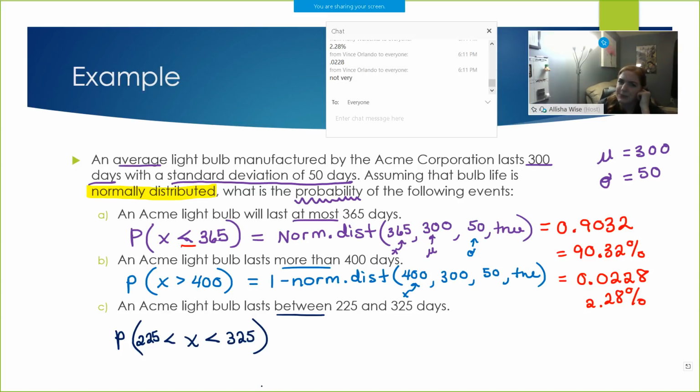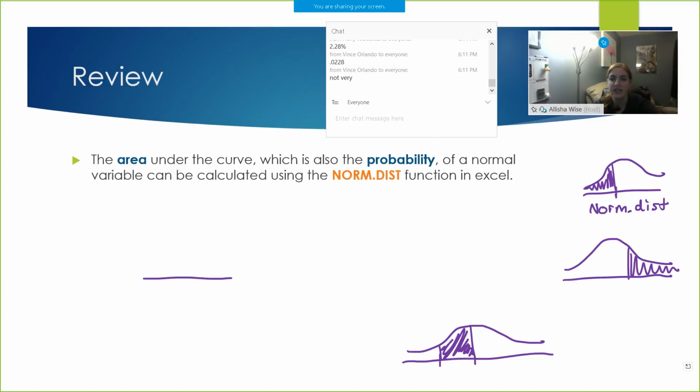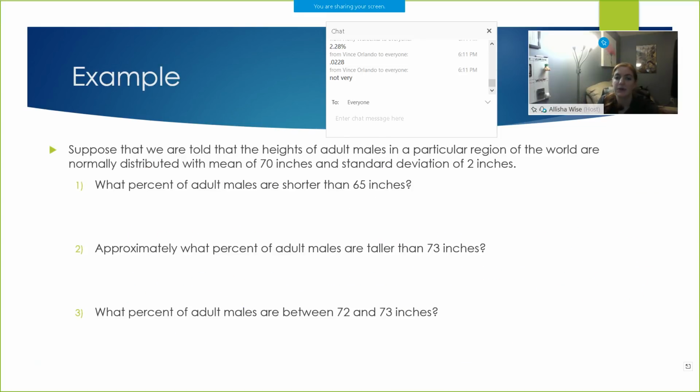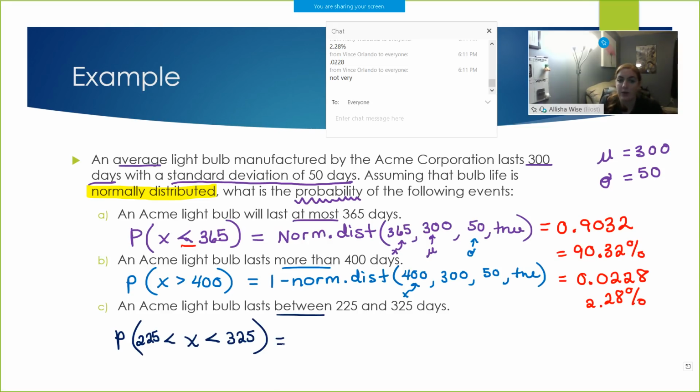So how am I going to find this probability of between? What am I going to use? I could go back and double check. Between two numbers, I need to find the probability of each and subtract. So maybe you're setting that up already, but let's walk through that. I'm going to find the norm distribution of my larger X value first.